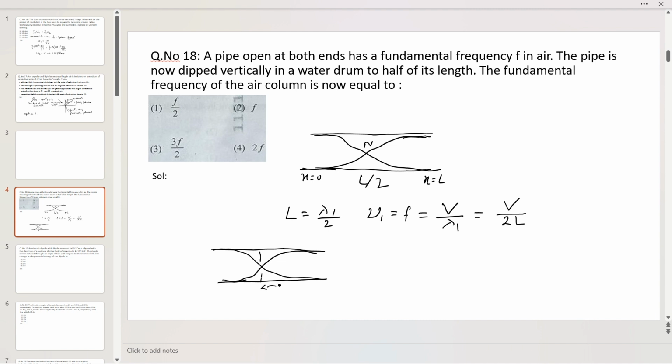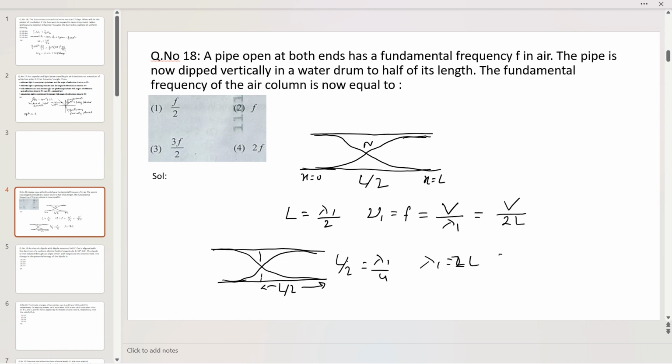So your length becomes L by 2. So L by 2 is equal to lambda 1 by 4, so here your lambda 1 is equal to 2L.